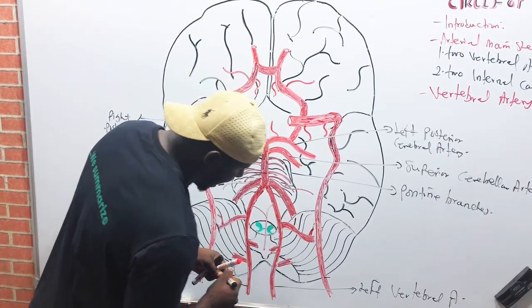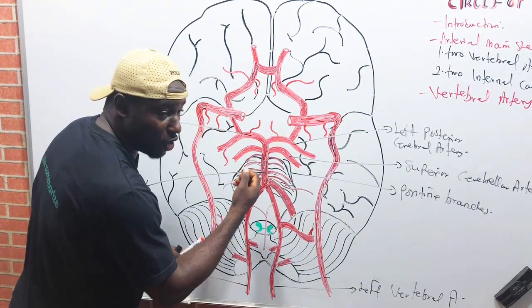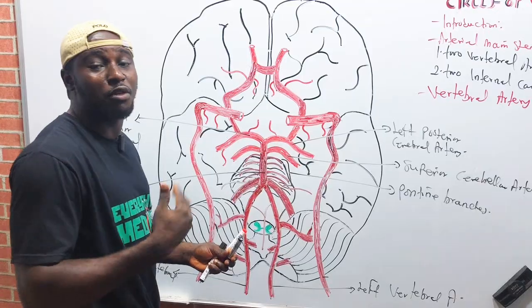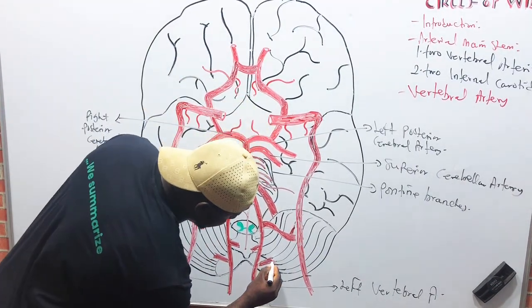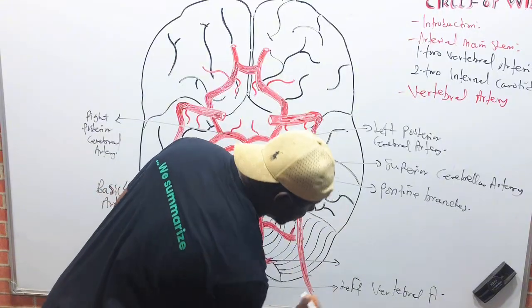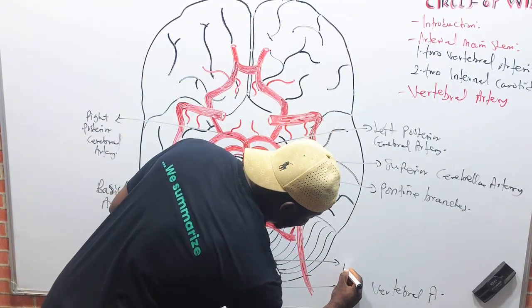Now, as the vertebral artery is coursing upward to enter the brain by passing through the foramen magnum, it gives off branches, right? This artery here is called the meningeal artery.